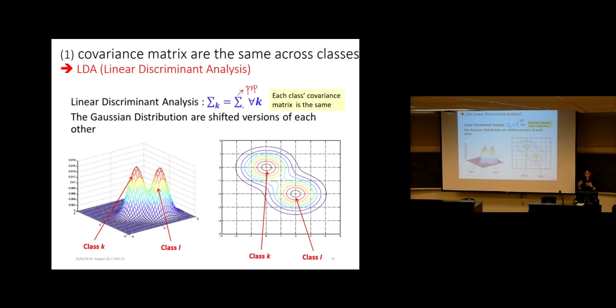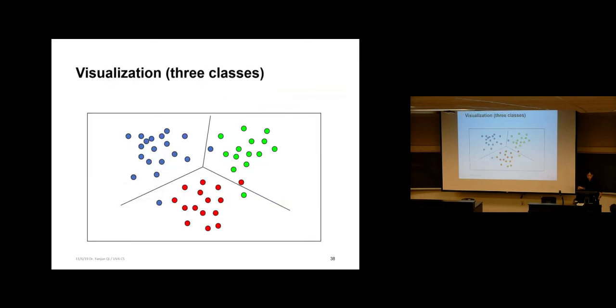So they have the same contour shape, and this is exactly what the LDA is trying to assume. And there's an indication: when you assume all the classes share the same shape, it actually means the class decision boundaries are linear.